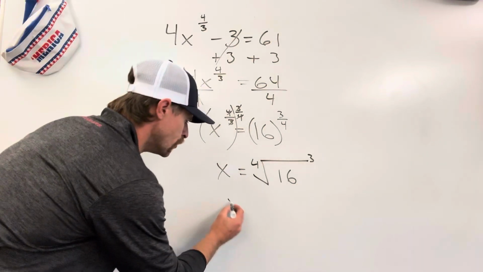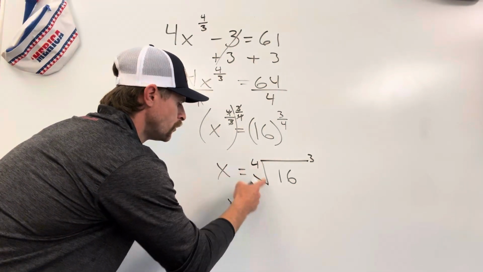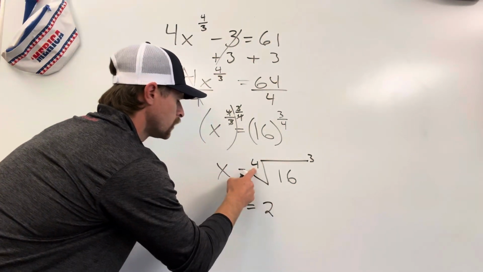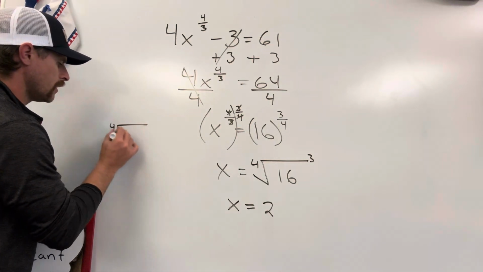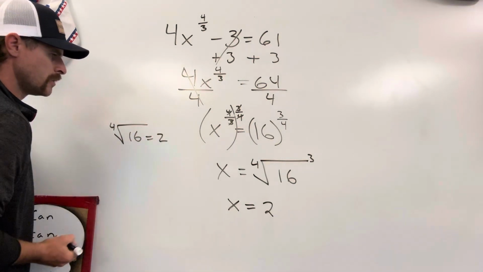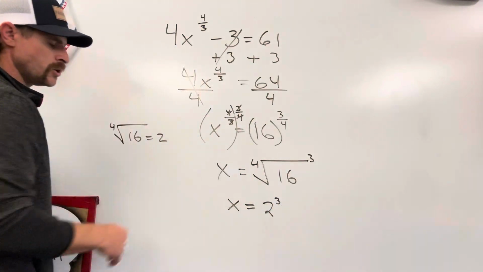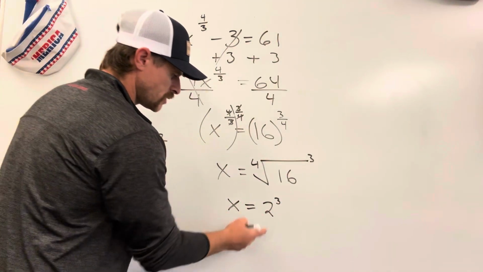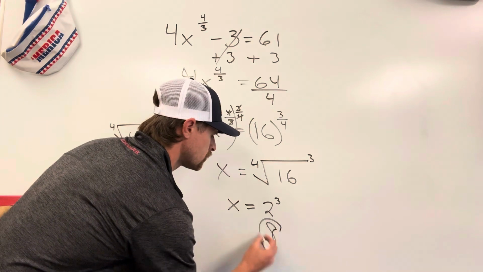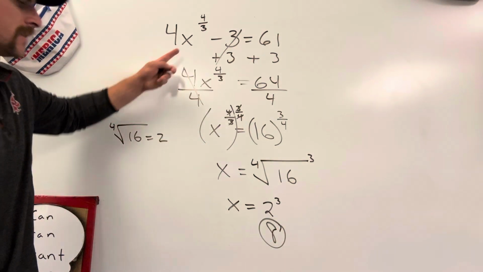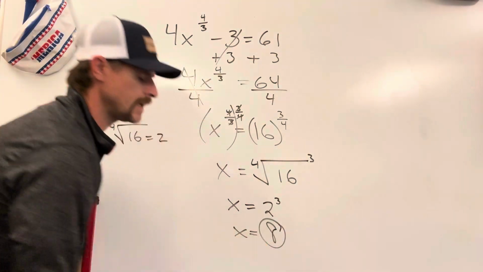That's going to be a 2. So x is now equal to 2 because the 4th root of 16 is 2. But we still have to put it to the power of 3. What's 2 times 2 times 2? Well, 2 times 2 times 2 is 8. So our final answer here, x is going to be equal to 8.